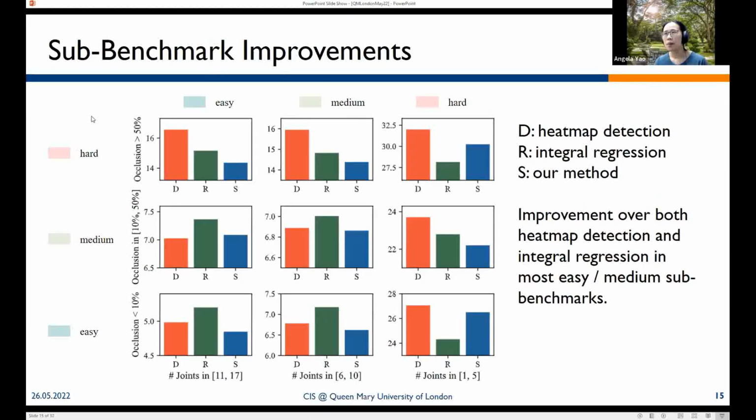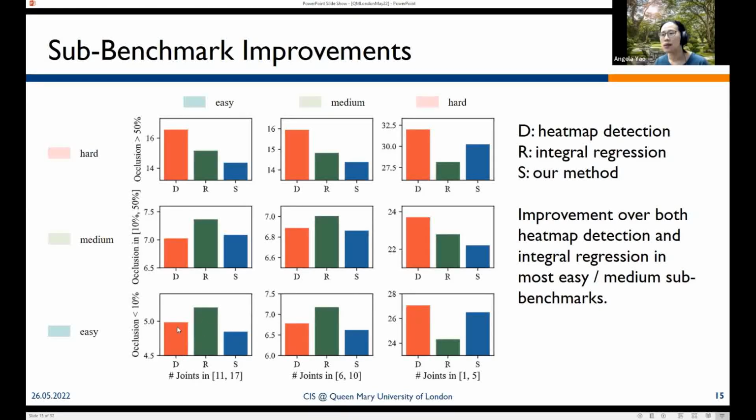If we look at the sub-benchmarks that I talked about earlier, we notice that we can definitely improve over the standard integral regression setting. And in some of these sub-benchmarks, we can also improve over the heat map detection, especially in settings that were otherwise considered easy. Here, D is for detection, R is for integral regression, and what we're showing is the error on the y-axis, so lower is better.